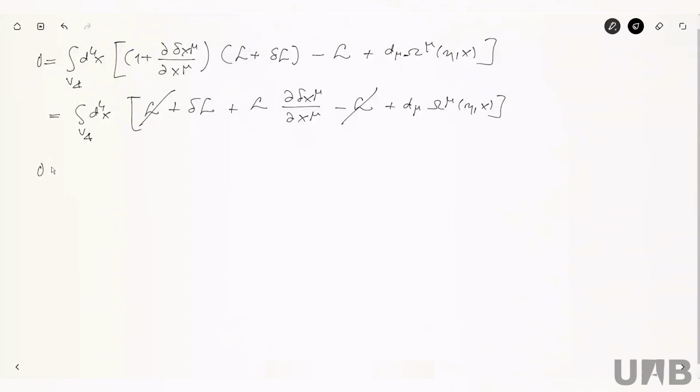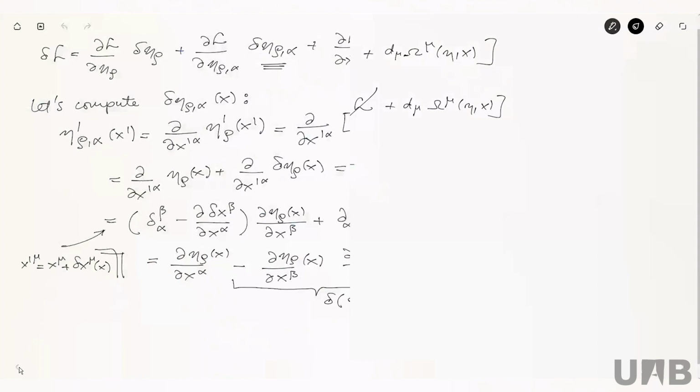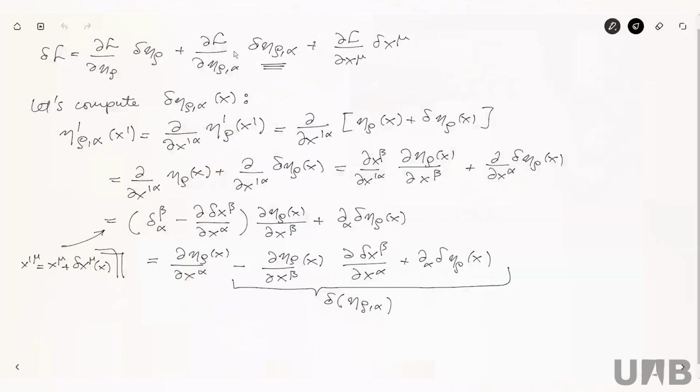And so we have that 0 has to be the integral d4x over b4 of L times this term first, for instance, derivative of delta x mu with respect to x mu, plus we're going to write now the omega term here, okay, and plus delta L. And this delta L is now this collection of three terms. So these we have to write explicitly now.